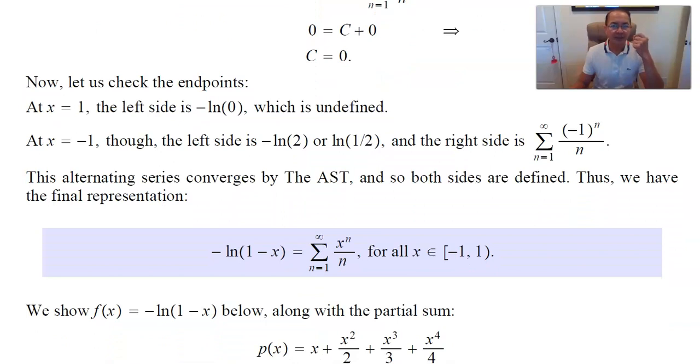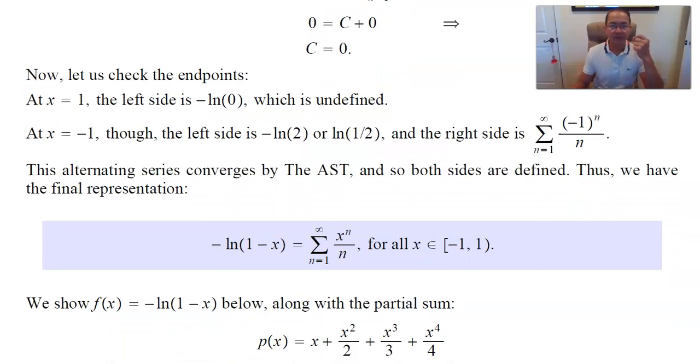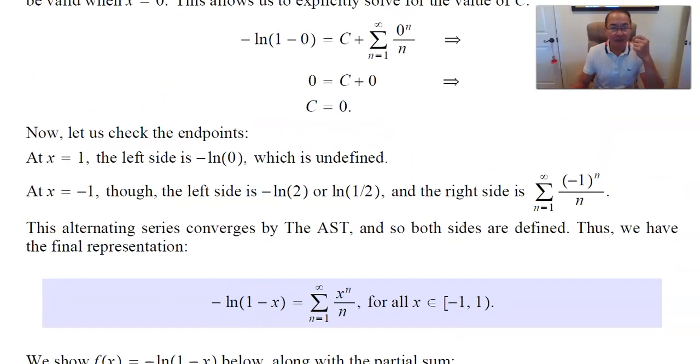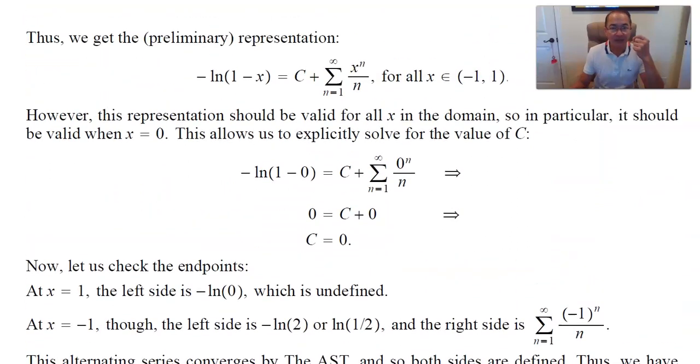Okay, so now let's check the endpoints. You know what? Let me not scroll too far because, yeah, we need to plug in 1 and minus 1. Oh, wait a minute. If x is 1, ln of 0, sorry, still undefined. But when x is minus 1, we get minus 1 to the n over n.